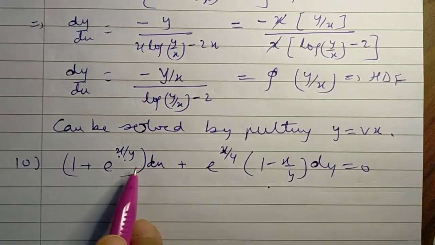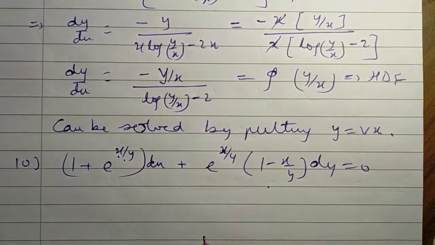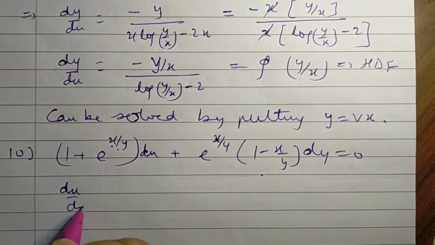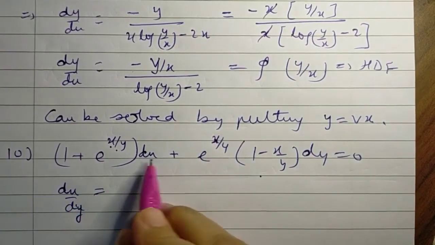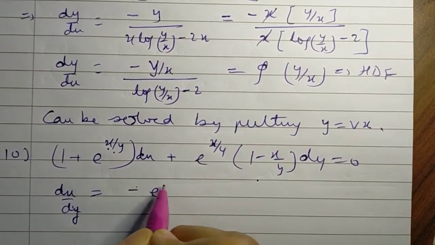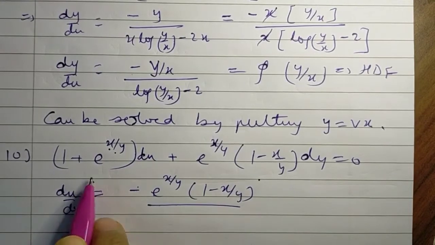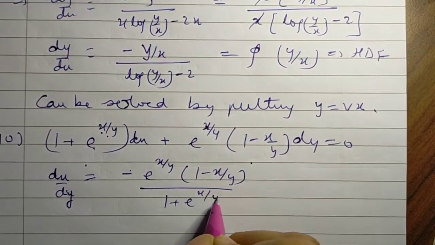So instead of taking dy by dx here, we will solve for dx by dy. So let's see how. We solve for dx by dy. So what do we get? dx by dy would be minus e raised power x by y, 1 minus x by y whole, upon, this goes to the denominator, 1 plus e raised power x by y.